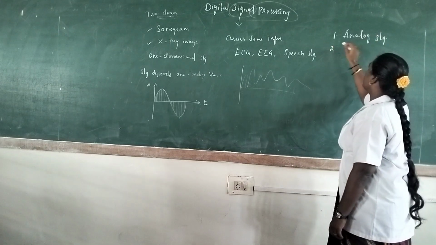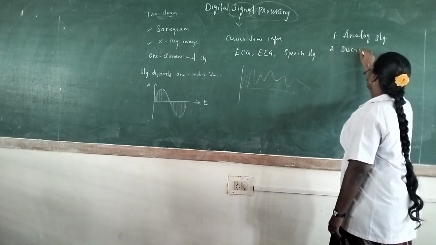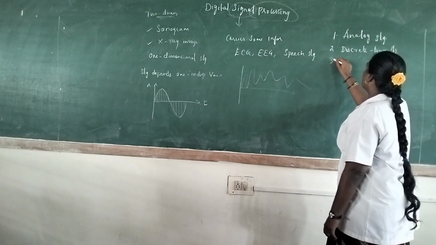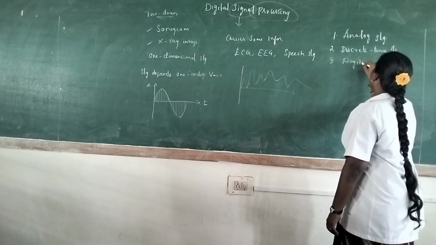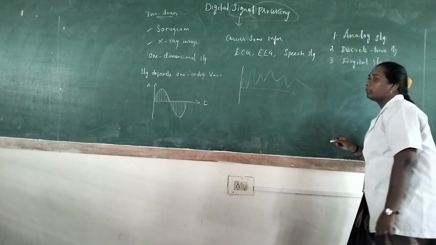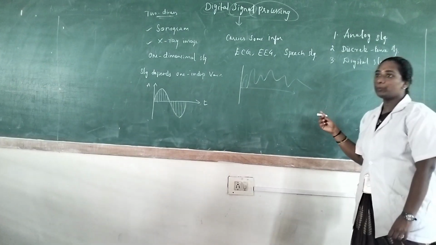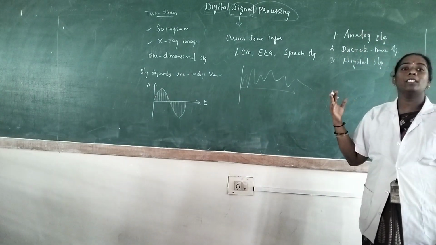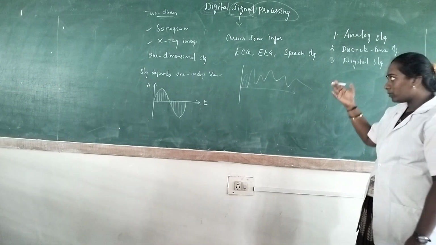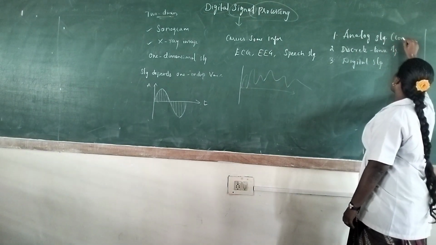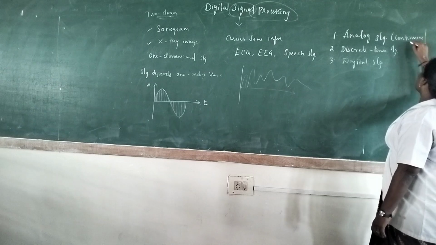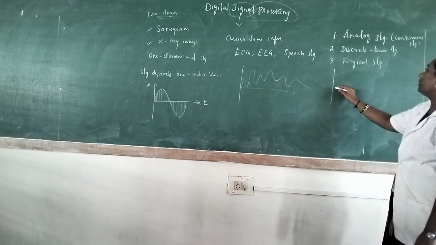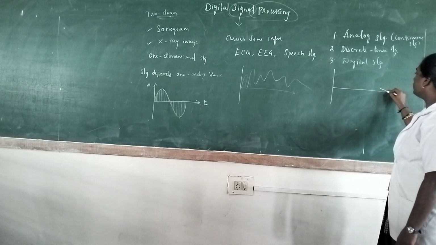We have different signals: analog signal, discrete time signal, and the third type, digital signal. Here you can find the difference between these three signals. Generally, an analog signal is nothing but a continuous signal. This is the waveform for a continuous signal.